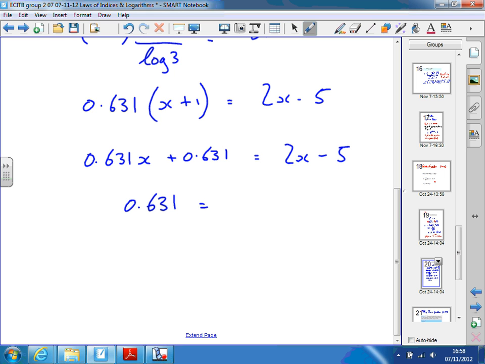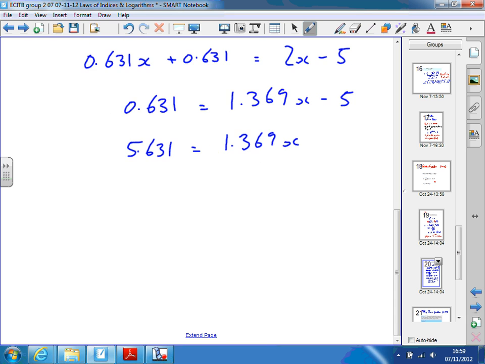What's 2 minus 0.631? 1.369x minus 5. Add 5 to both sides. 5.631 equals 1.369x. And now finally divide by 1.369. And we've got x.